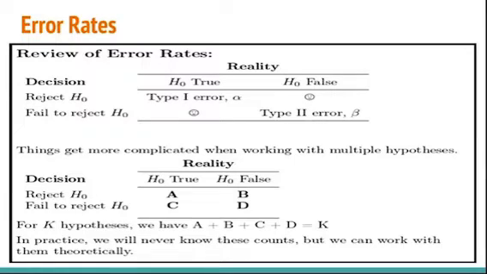But it becomes more problematic when you are conducting a multiple comparison test, where you're going to perform more than one test. What I'm trying to show you now is A, B, C, and D. Of course, when you add them up, that would be equal to K. That would be the totality of the number of comparison tests that you conducted, out of which you take wrong decisions. That's exactly what I'm trying to say.